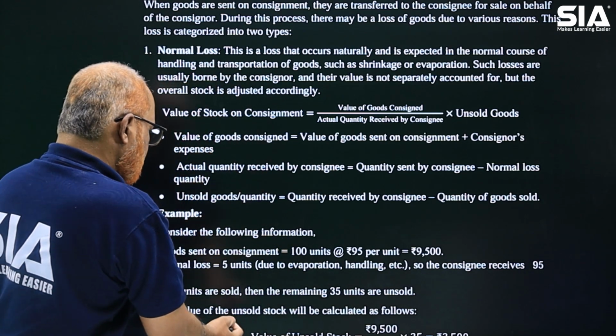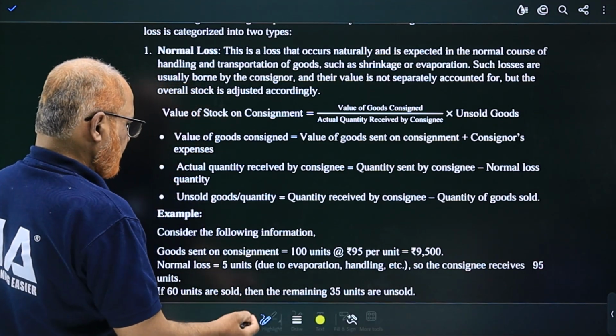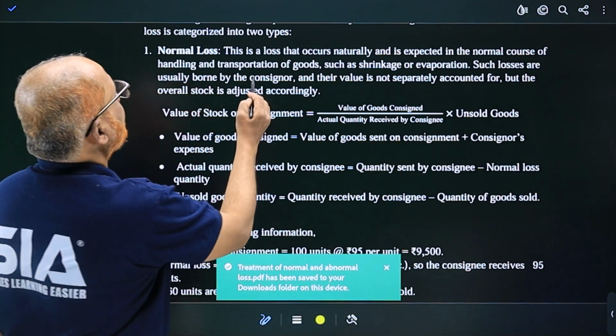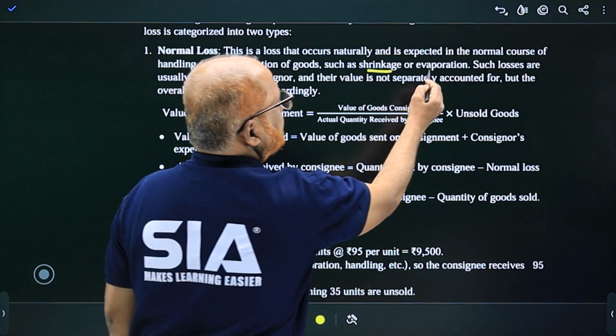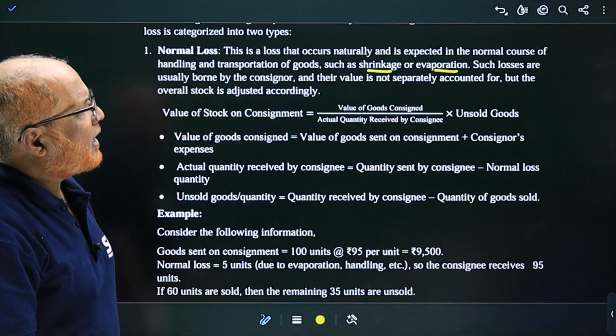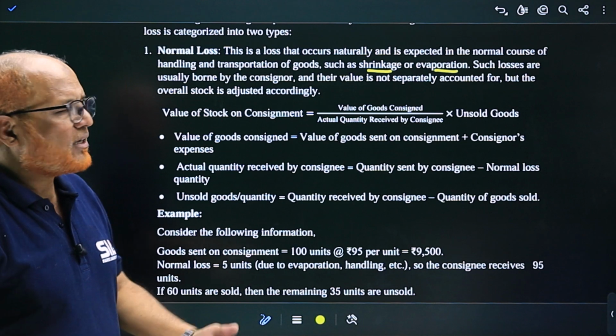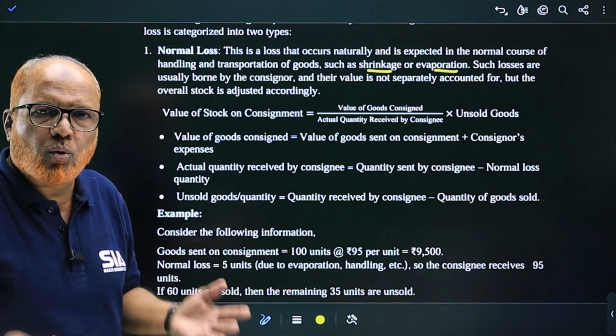Examples of normal loss are shrinkage or evaporation. These are expected, and such losses are usually borne by the consignor. Whatever be the loss, it is a loss to be borne by the owner.